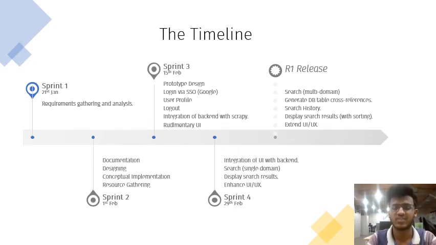Sprints 3 and 4 mainly included implementation, and we implemented many features like Google sign-in, user profile, logout features, integration with backend and Scrapy, and also a rudimentary UI. For sprint 4, we made the UI better and enhanced, like we implemented search results, added domains, and many other features.